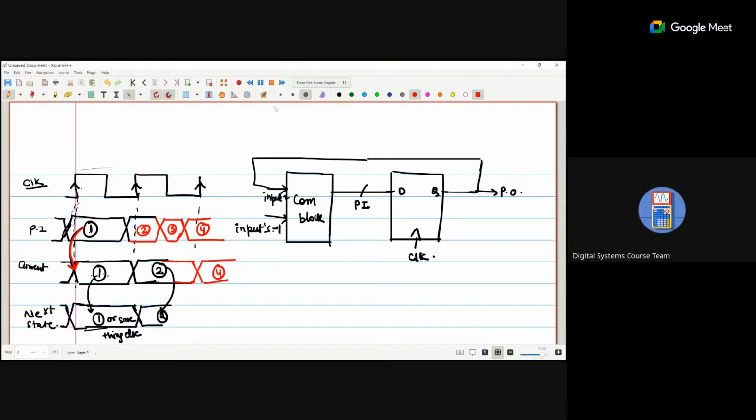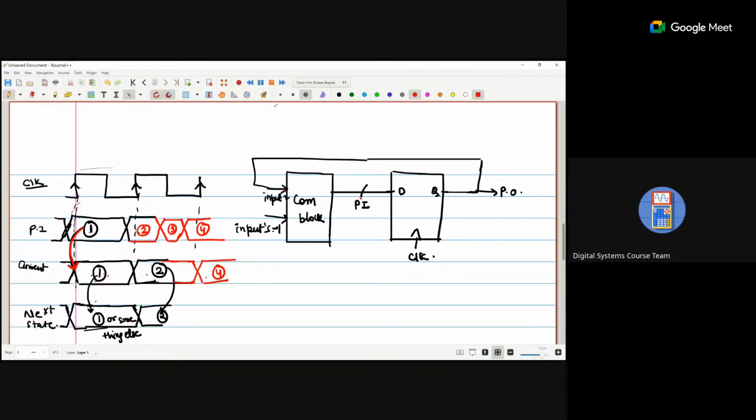Now, if my current state is 1, 2, and 4, what will be my next state? It will depend on the current state, because the current state goes back to the input.